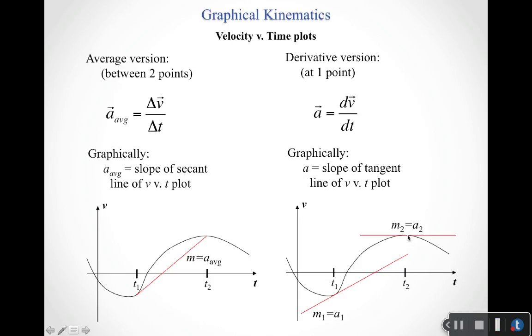Again, pick a different point, t2. Whatever the tangent line to your velocity curve is at t2, the slope of that line will be the acceleration. So graphically, the acceleration is the slope of the tangent line in a velocity versus time plot.